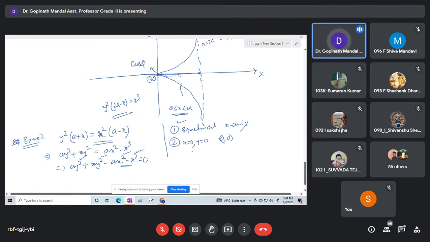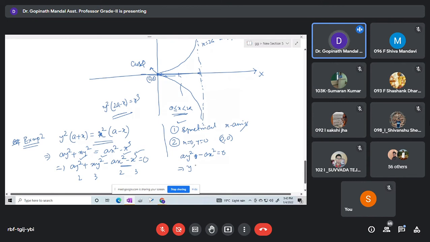Now we have to find the tangent. The lowest order terms here are of degree 2: ay square minus ax square equal to 0.